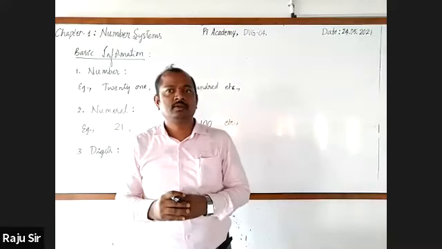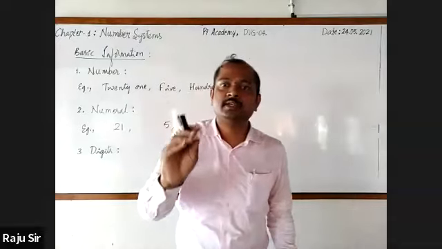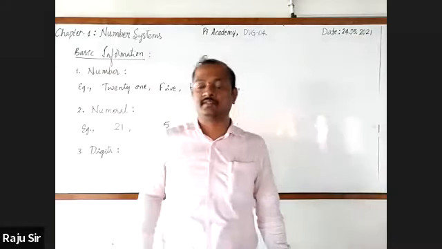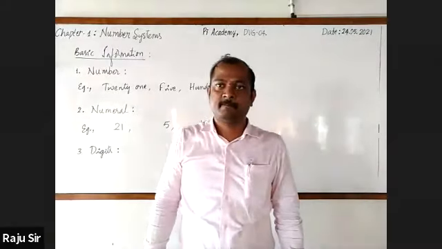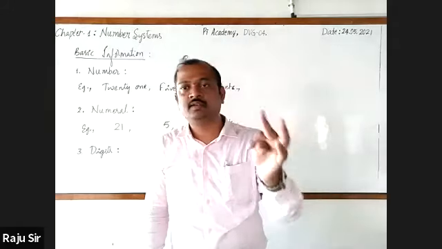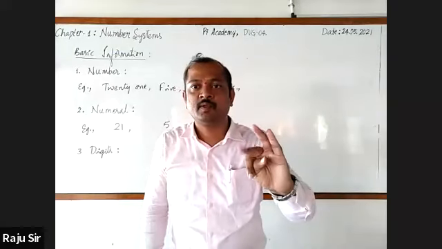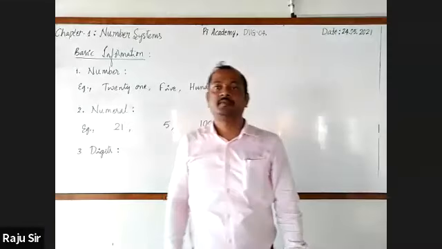Dear students, could you tell how many digits are there in mathematics? 9. You can give the answer with a message also. 9, 10, then 10. Infinite, sir. Okay, listen.